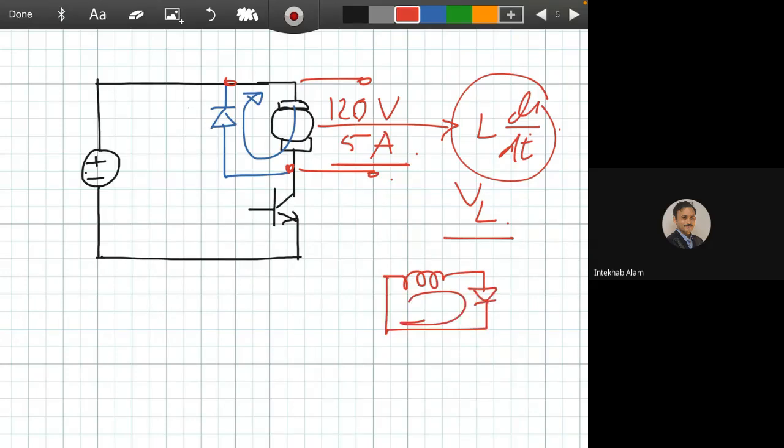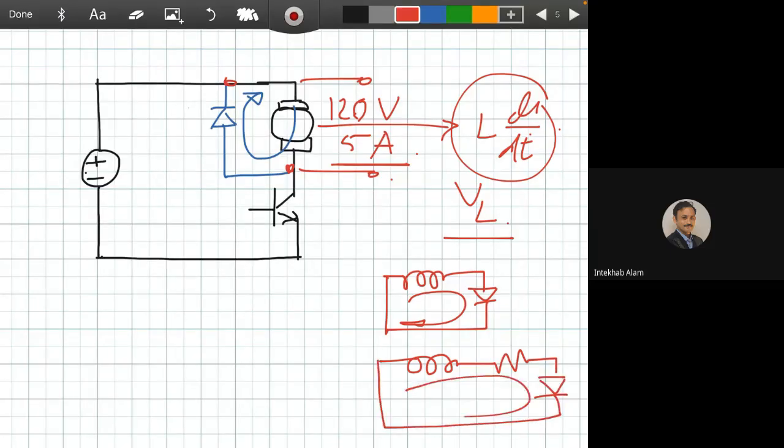So how can we mitigate this problem? We can add a resistance in series. This resistance will make sure the diode will not burn out. So we need to define L di/dt first. For example, L di/dt is 240 volts.